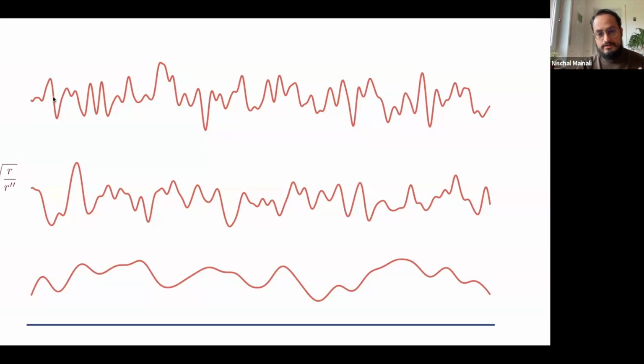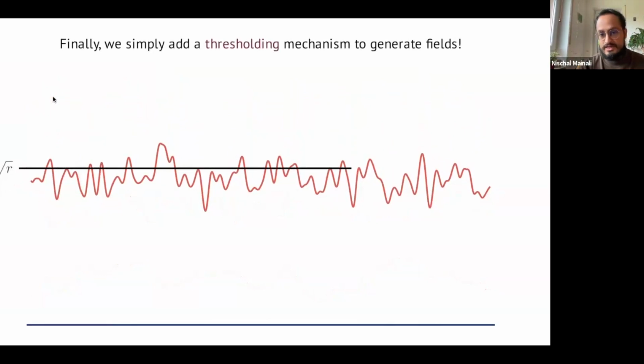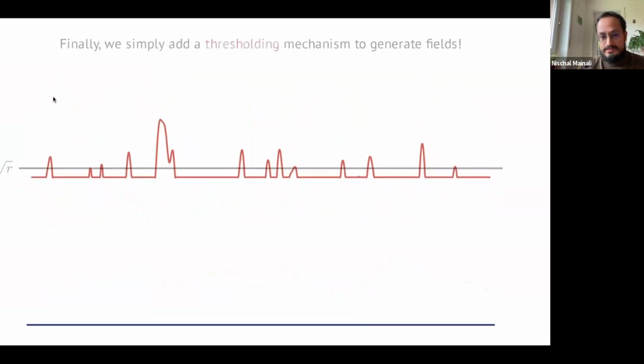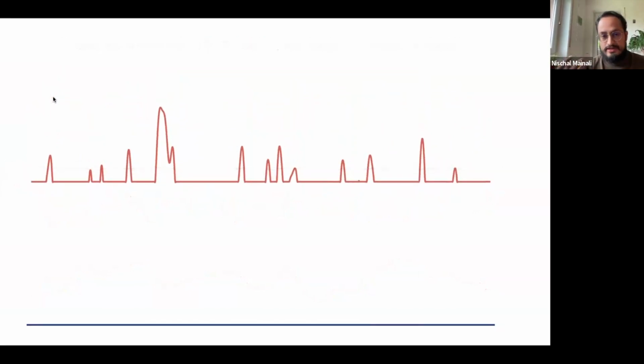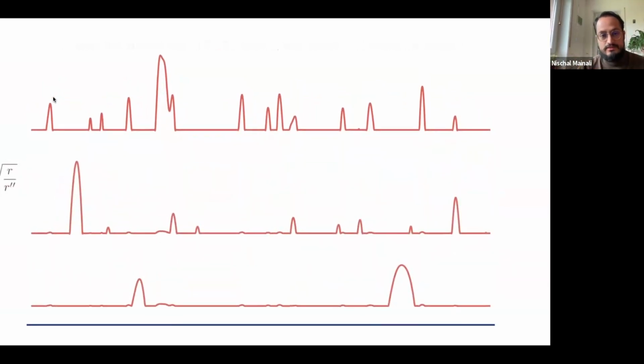And to complete the model, we finally introduce a thresholding parameter. So it's going to be theta, in units of the standard deviation. And we threshold the process at this value and simply linearly scale it. So it's a ReLU over the Gaussian process. And it gives rise to the firing fields in the model.